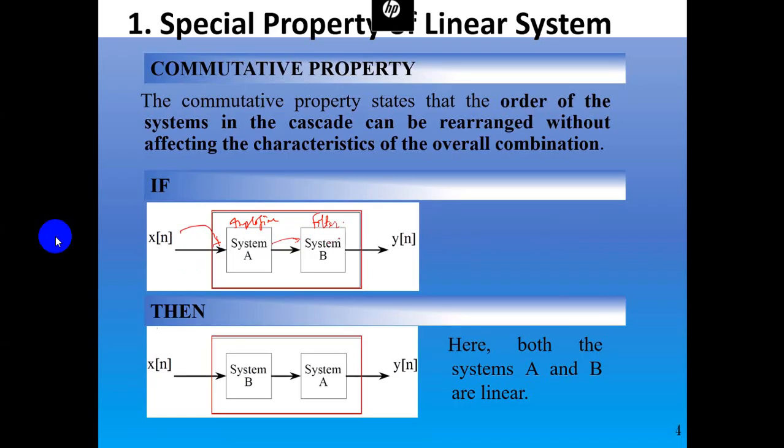So the amplified signal is filtered out. Filter will have some property, maybe say low pass filter. So it will eliminate high frequency signal, and at the output, low frequency amplified signal will be obtained. Since the third system, or whole system, this combined system, is linear.